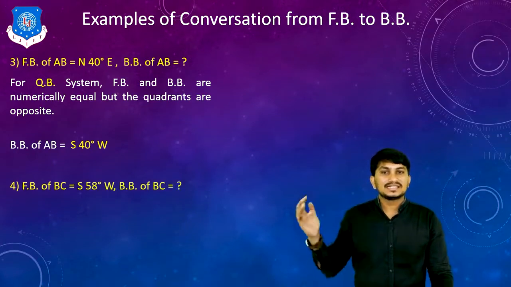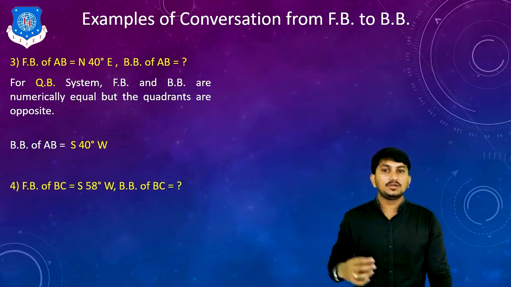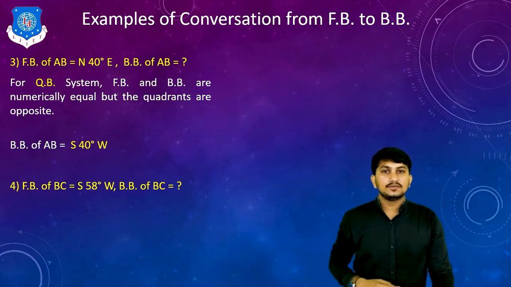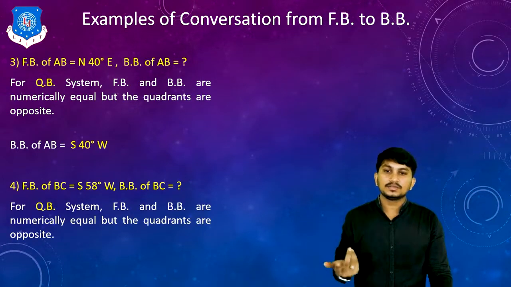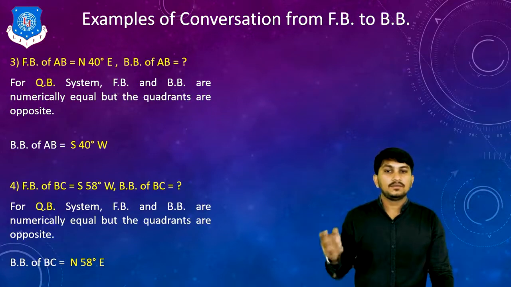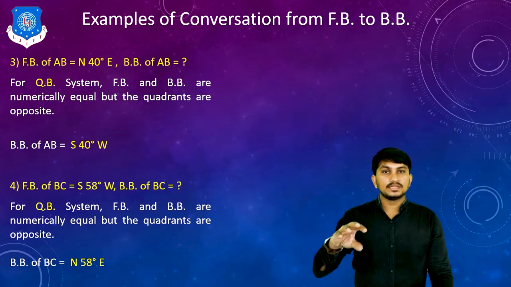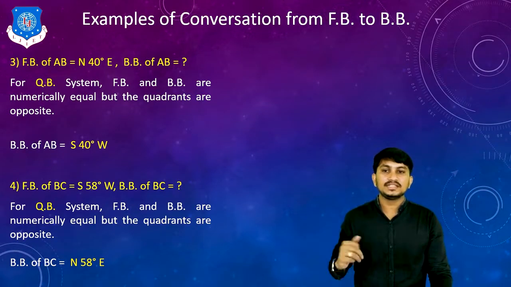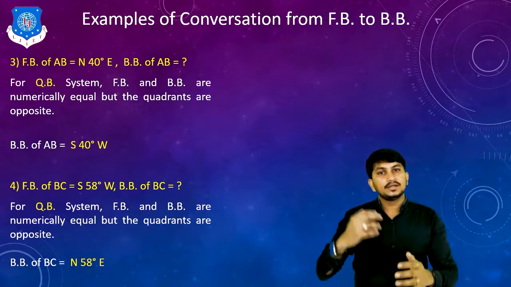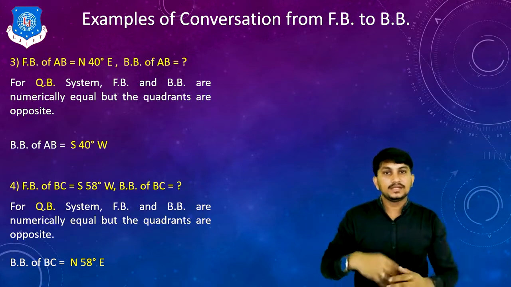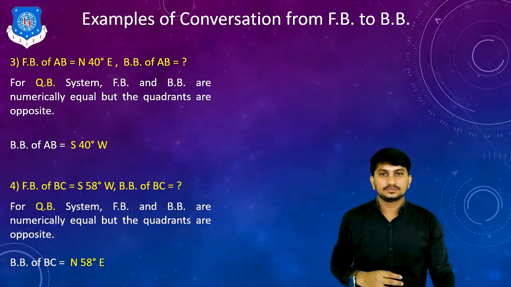Next example, if FB of BC is equal to south 58 degree west, what will be the BB of BC? For the QB system, FB and BB are numerically equal, but the quadrants are opposite. So the value of BB of BC is the same 58 degree, but the quadrants are opposite, means southwest to northeast. The BB of BC is north 58 degree east. This is how we can convert forward bearing to back bearing in the WCB as well as QB system.